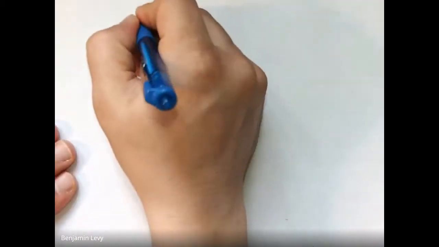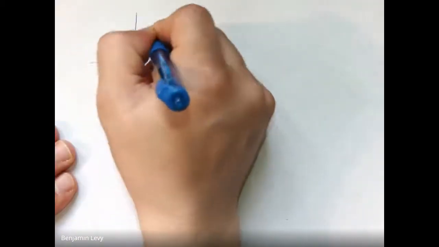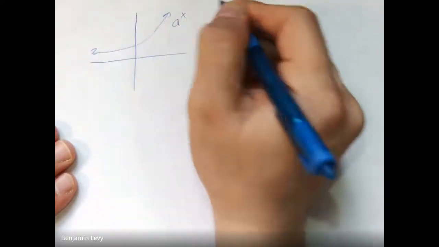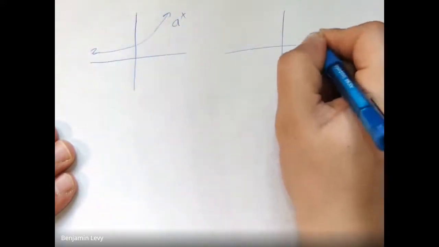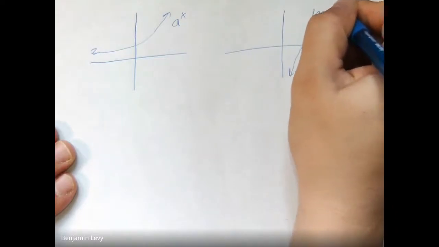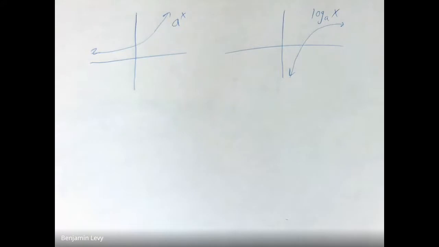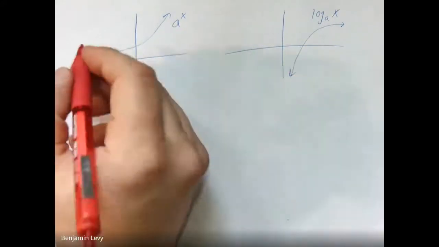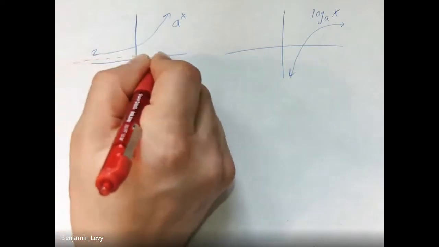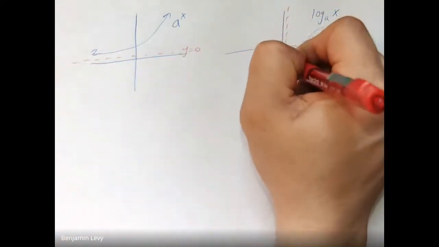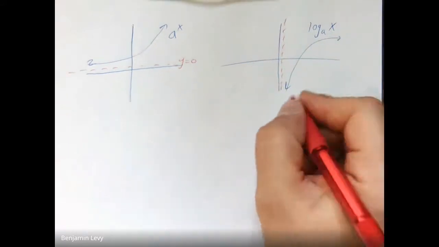Quickly, we know that exponentials do this and logs do this, so you can visually see they are inverses of each other. If you flipped this one around, it would look like that. These have asymptotes down here at y equals 0, and these have asymptotes at x equals 0.